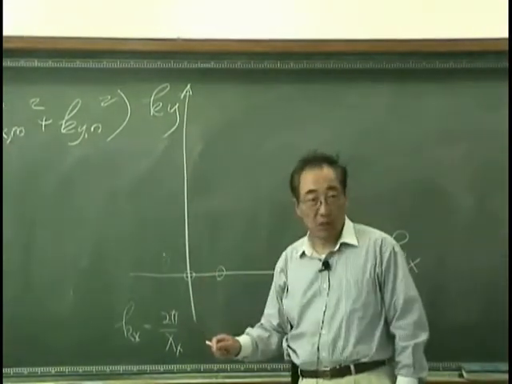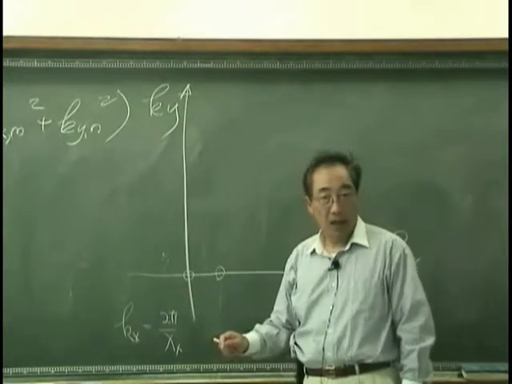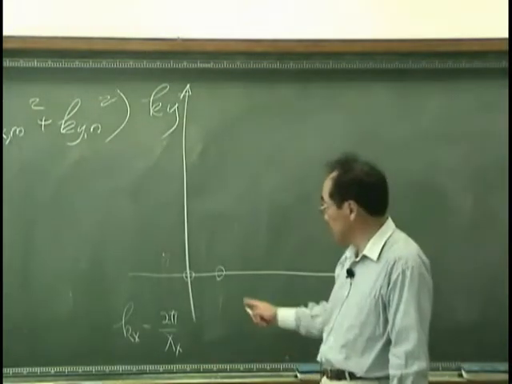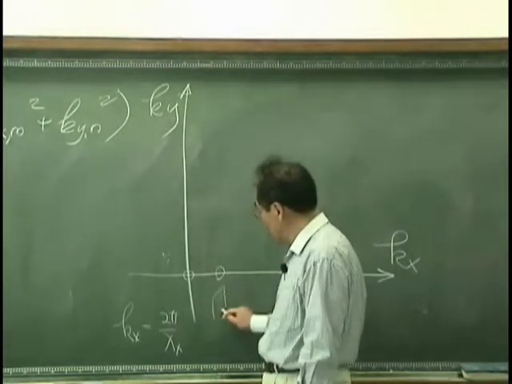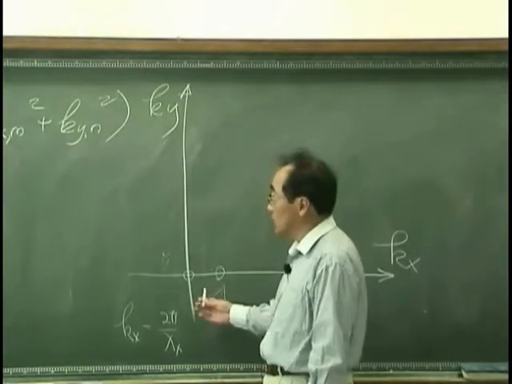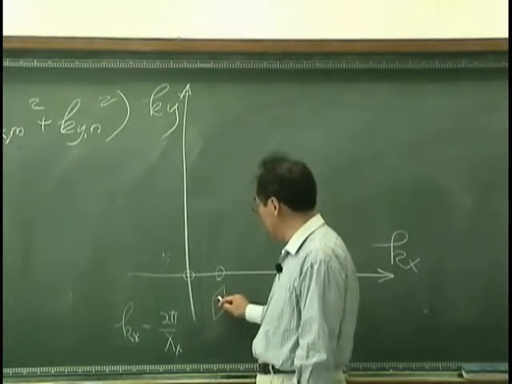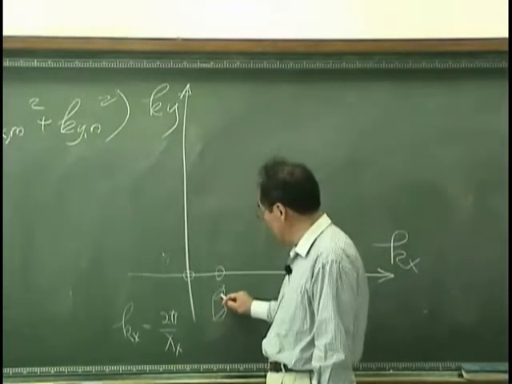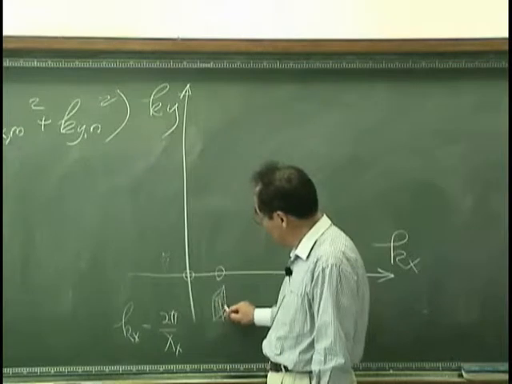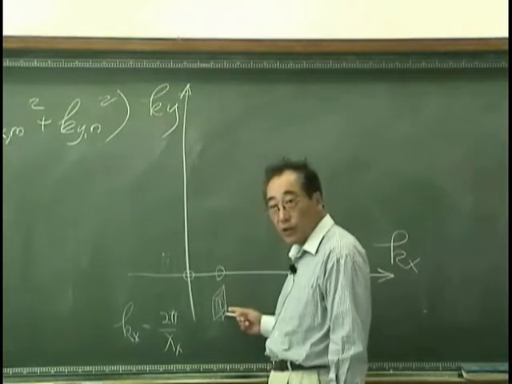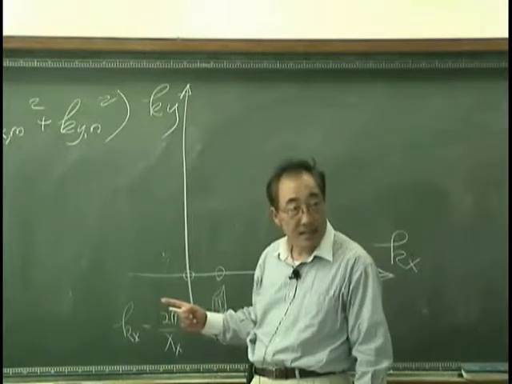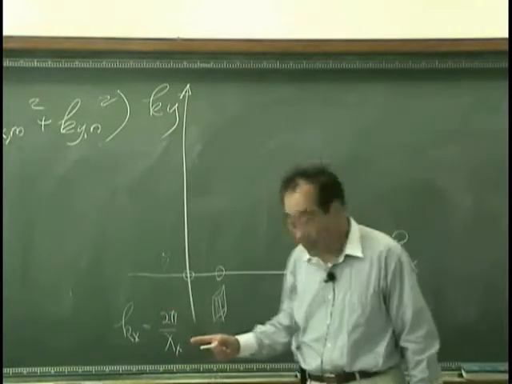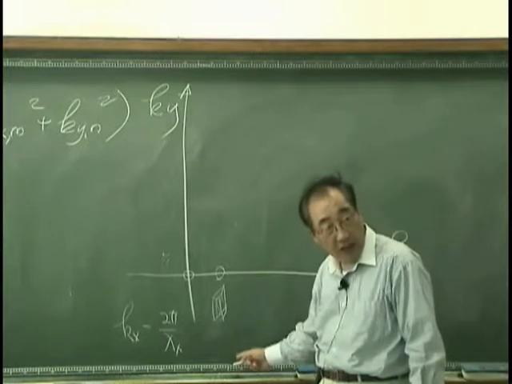What does it mean over here? That means the plate in x direction, that is this direction, vibrates with this amplitude. But in this direction, the wavelength is a straight line.